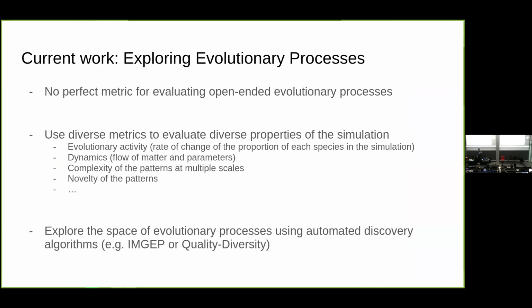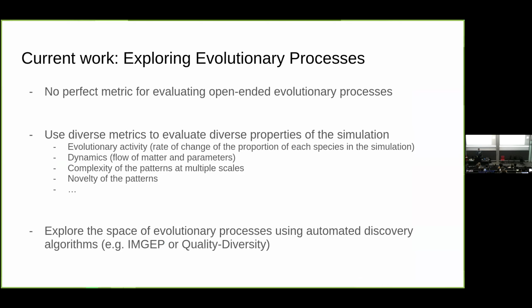So finally, now that we have a parameterized way of creating evolutionary processes, what we are doing is trying to explore the space of evolutionary processes, not only trying to explore for interesting patterns, but for interesting evolutionary dynamics.